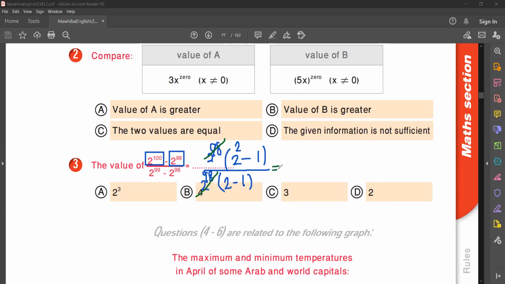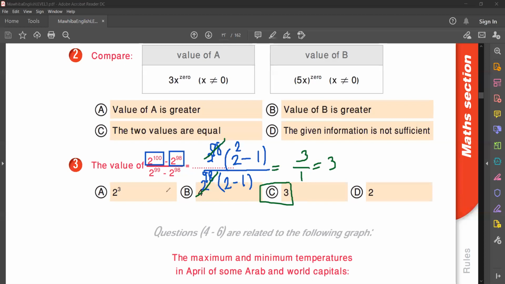Now, what is the left? 2 to the power 2, it is 4, minus 1, it is 3, and 2 minus 1, it is 1. So the answer is what? It is 3. So it is C. Right?